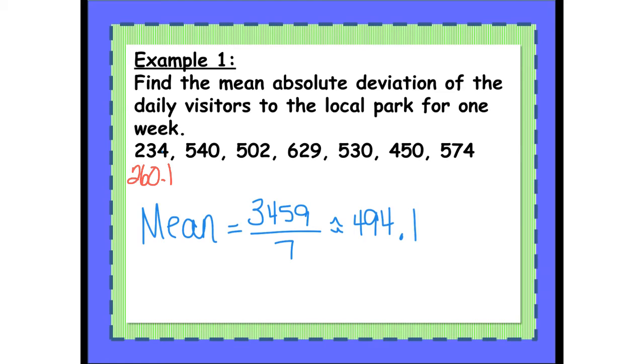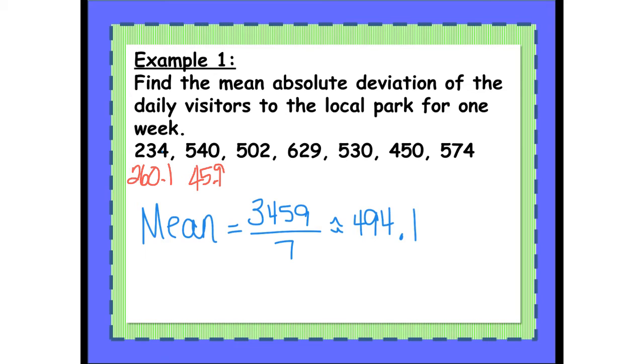540 minus 494 and 1/10 gives me 45 and 9/10. And then the next one is 502.